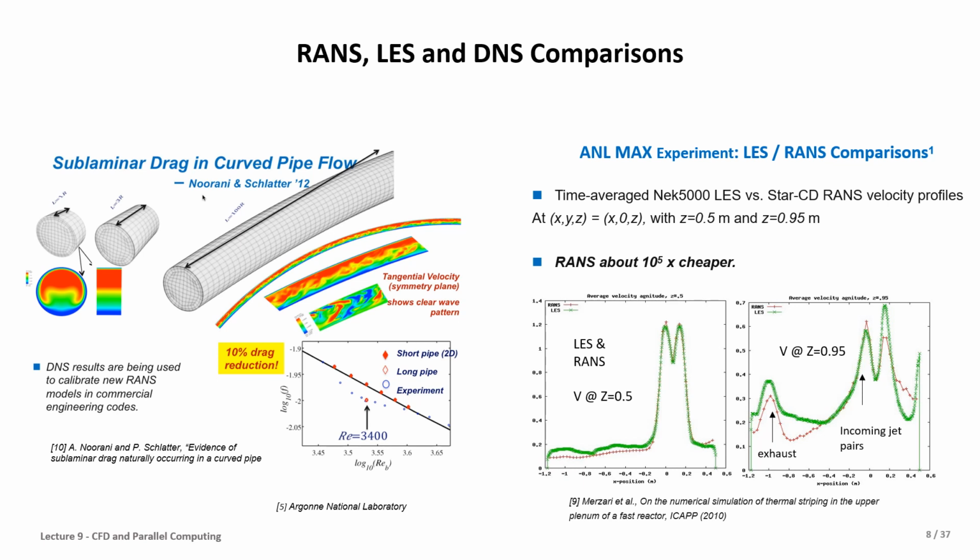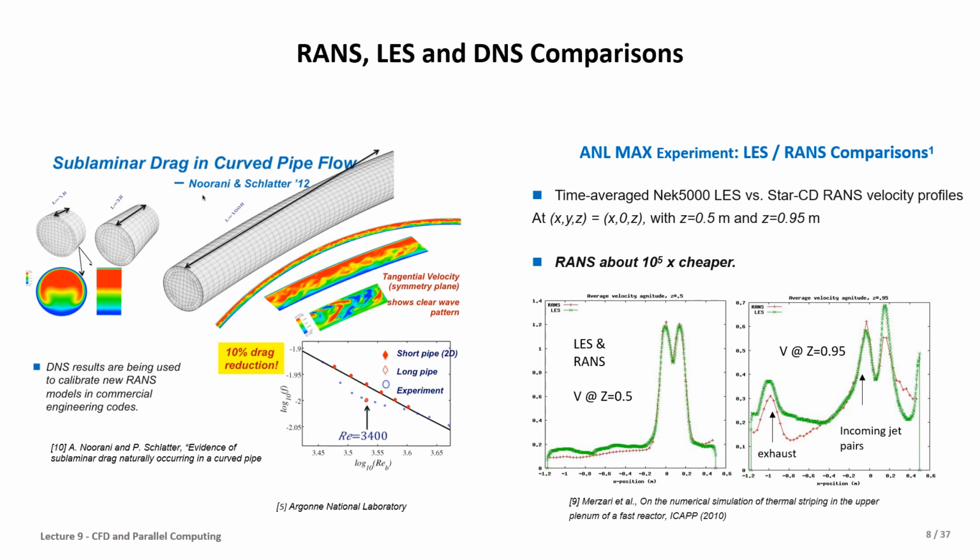The right hand side is an example of the application of large eddy simulation and RANS, used for different conditions. Firstly, we should mention that RANS is about 10 to 5 times cheaper than LES. So regarding the cost, it's remarkable. Regarding the result for different locations, we see Z 0.5 and Z 0.95.